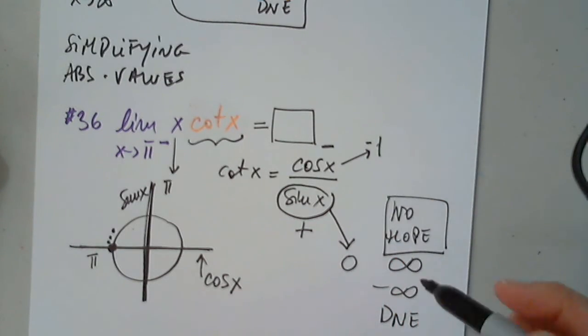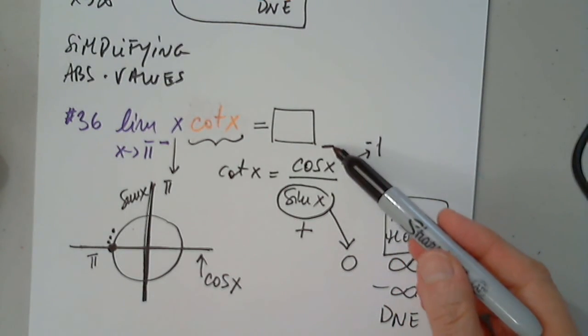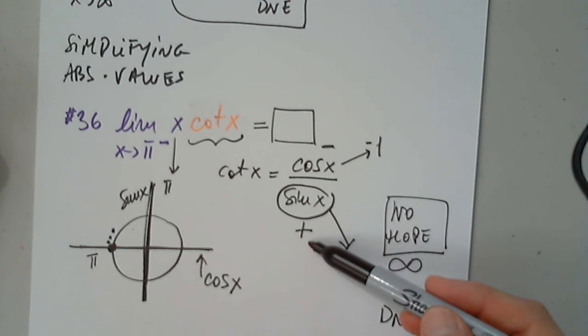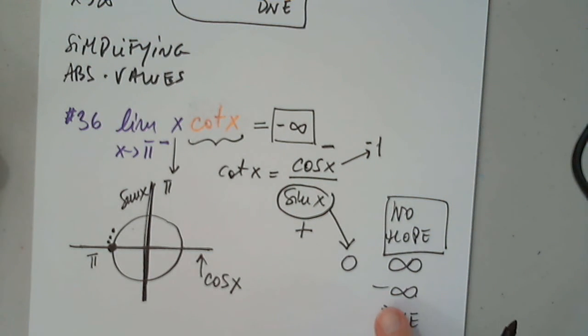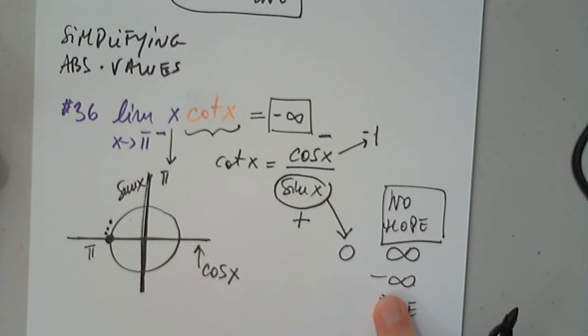Negative infinity, right? The numerator is negative, the denominator is positive, so I have to write negative infinity.